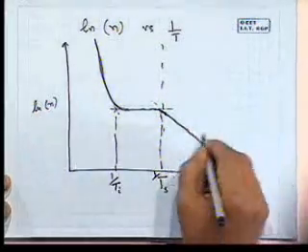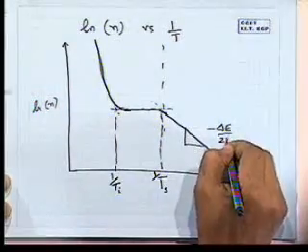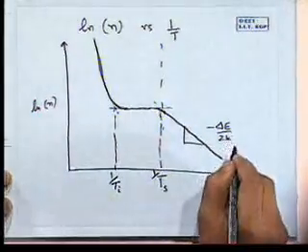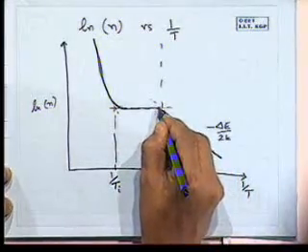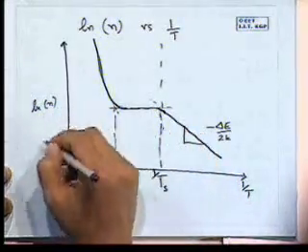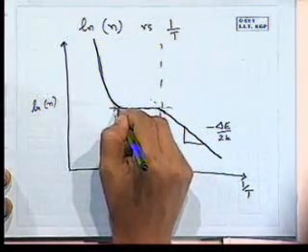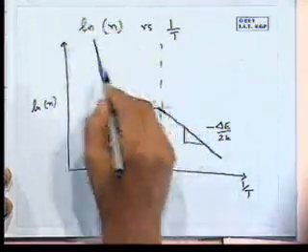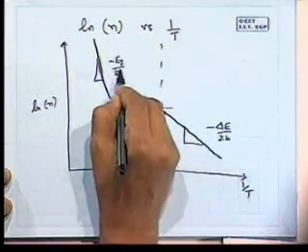So this range here, whose slope is now minus delta E by 2K, is my ionization range. Gradually I ionize, concentration goes on increasing, log scale, so rapidly increasing. Then it saturates, and then I increase further, and at that point here now the slope is minus Eg by 2K.